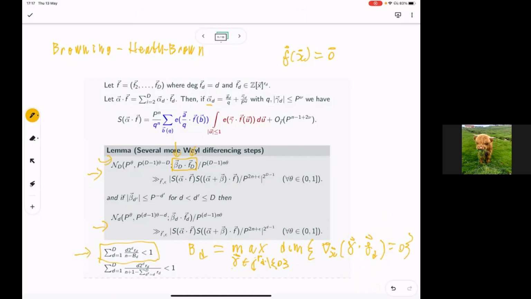So this thing is typically going to be fairly small if the underlying system of forms is nice. And in fact, using the work of Browning and Heath Brown, we get that we can bound these B_d's in such a way that the condition becomes this thing that's written here.